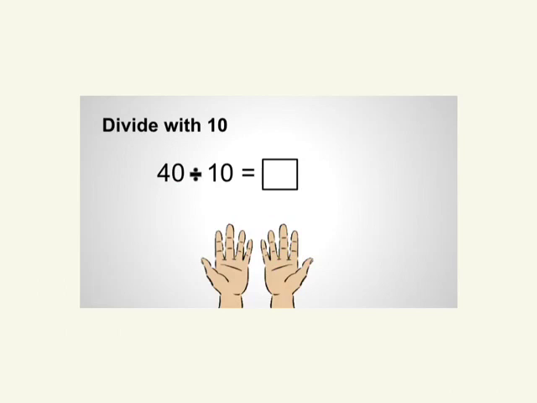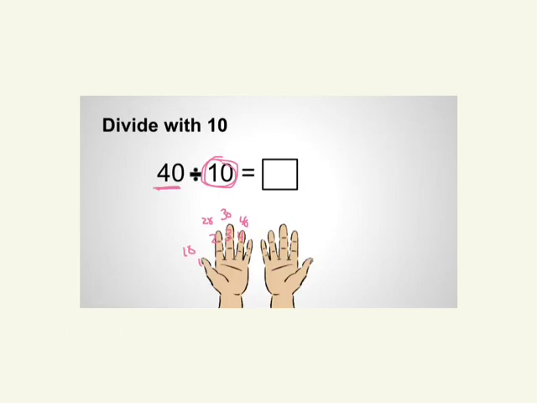All right, here's one. Divide with 10. 40 divided by 10. Hold up both those hands. We're going to count by tens until we get to 40. Let's do it. 10, 20, 30, 40. Oh, we need to stop. Let's count. How many fingers are you holding up? 1, 2, 3, 4.